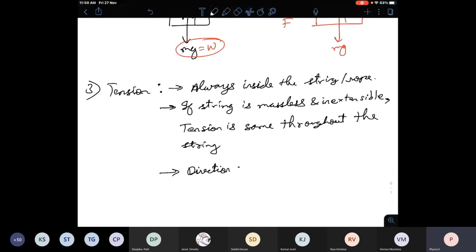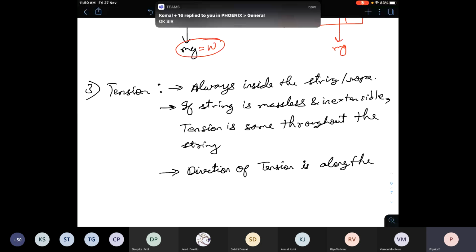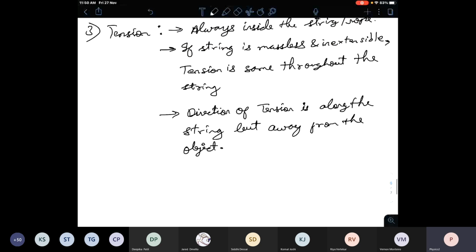Acha. The direction of tension is along the string, but away from the object. What I'm trying to say is, suppose I have a mass hanging from a string like this.